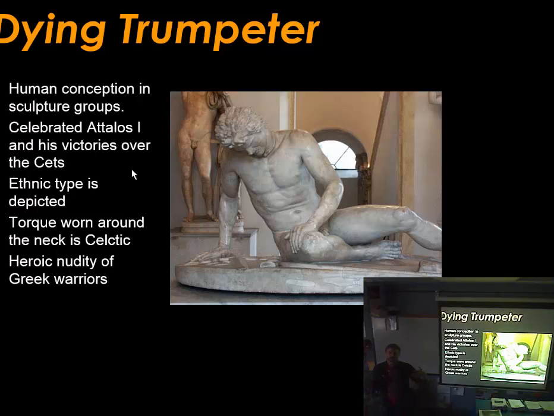So you could have huge armies being defeated by small bands of Celts because they were just so in your face, crazy, that they seemed more intense. So there's this weird fear thing going on. They were well respected for that.